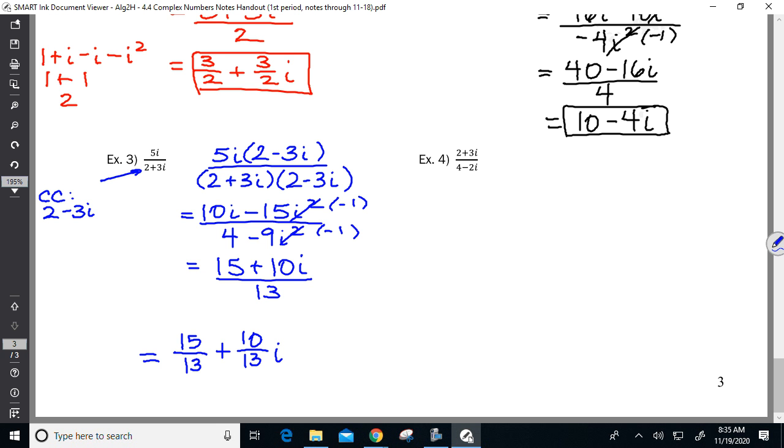Then it's just breaking it apart and simplifying. There you go. Do not leave it as, well, that you do have to separate. So don't leave it where I placed the star. That's wrong. It's not simplified.